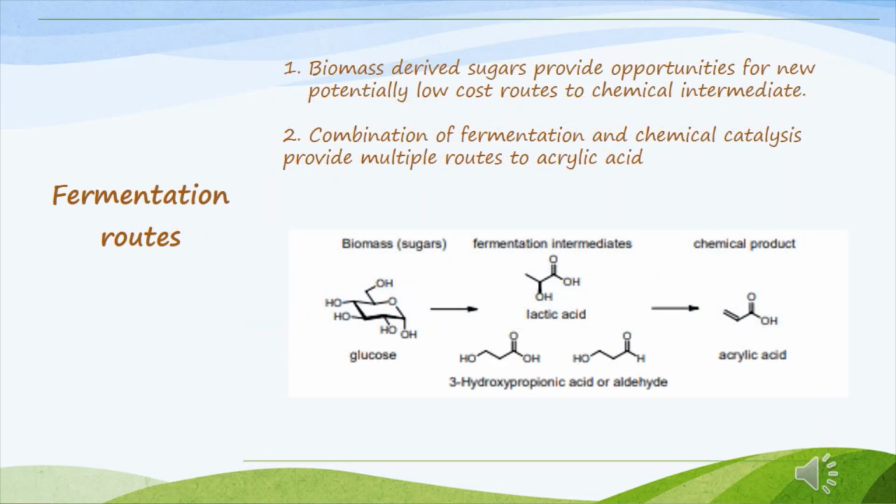Fermentation routes use biomass-derived sugar, which provides the opportunity for a new potential low-cost route to the chemical intermediate. This involves the combination of fermentation and chemical catalysts, providing multiple routes to produce acrylic acid.